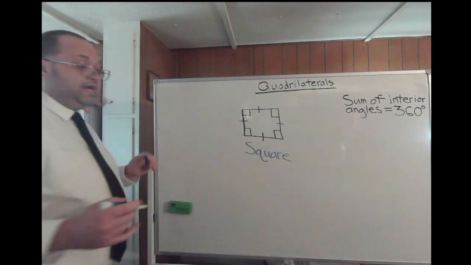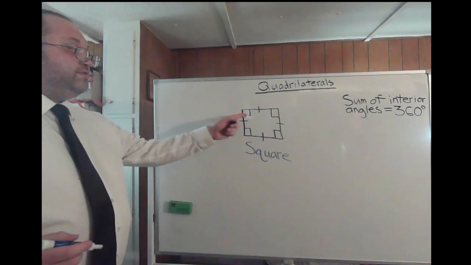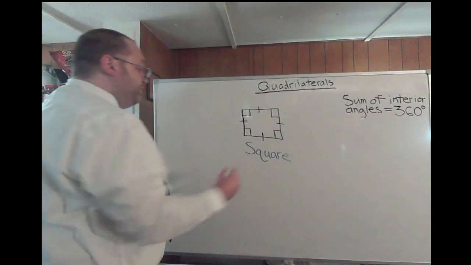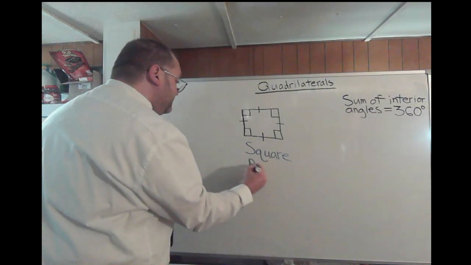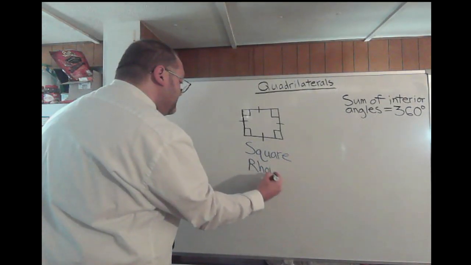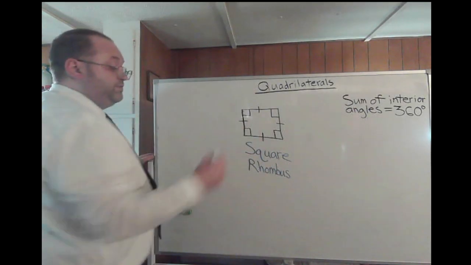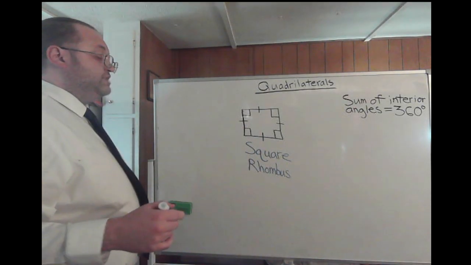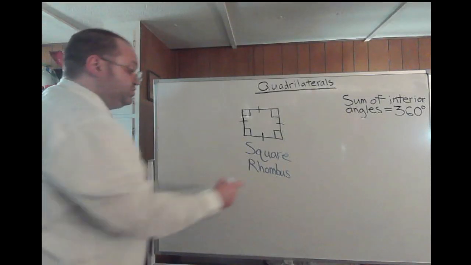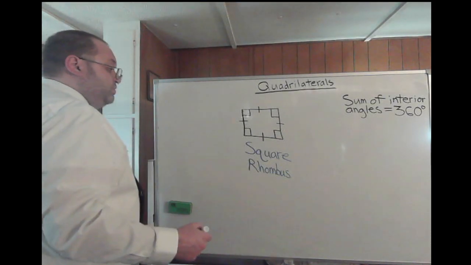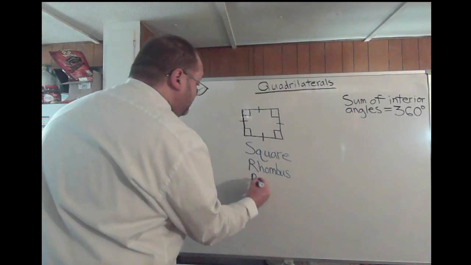Because a square is a quadrilateral with 4 right angles and 4 congruent sides. It would also be a rhombus because it is a quadrilateral with 4 congruent sides. It just happens to have 4 right angles, but it's also a rhombus. What else? We could say this is a rectangle, certainly.